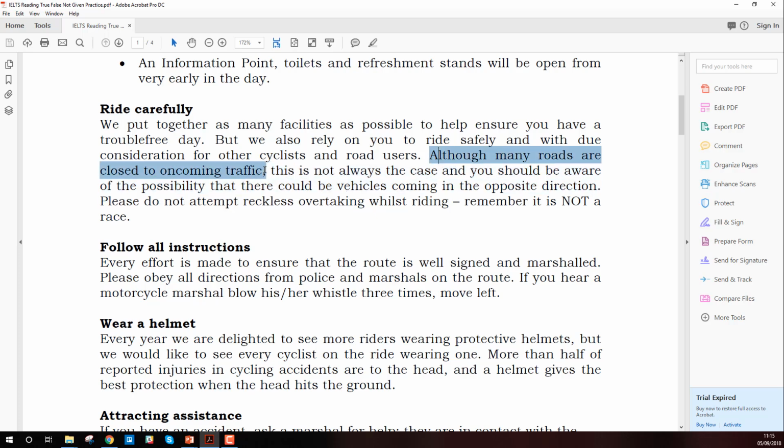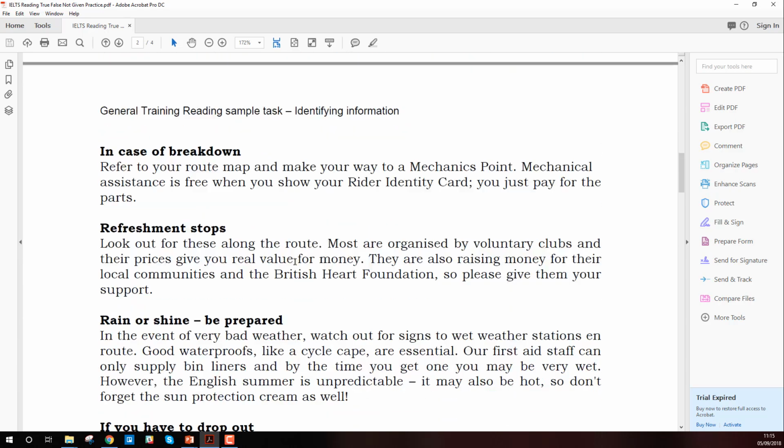You might think close to oncoming traffic, not normal, but the key word there is although. This is not always the case, as you should be aware of the possibility there could be vehicles coming in the opposite direction. So what that's saying is some roads are closed, but some of them are not closed. In other words, they are normal.